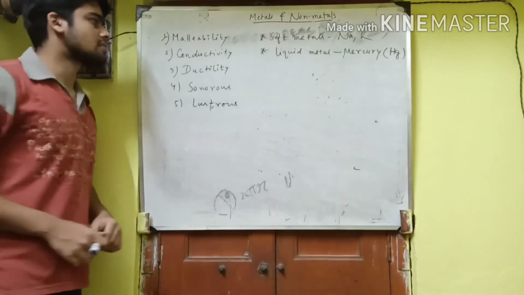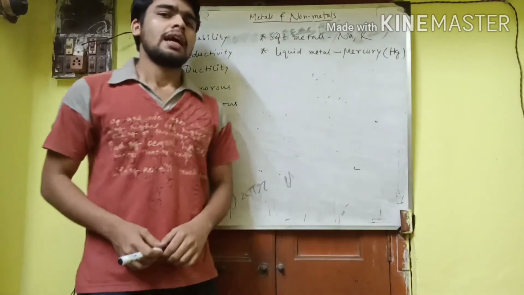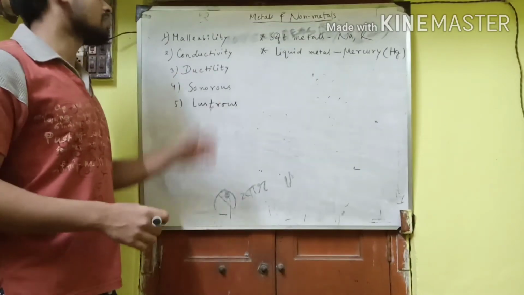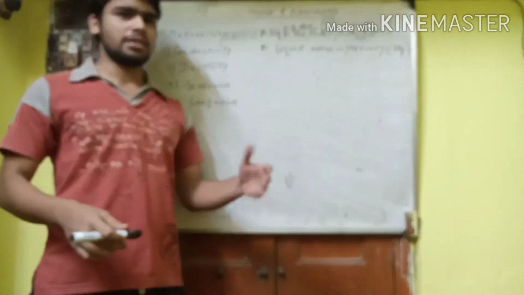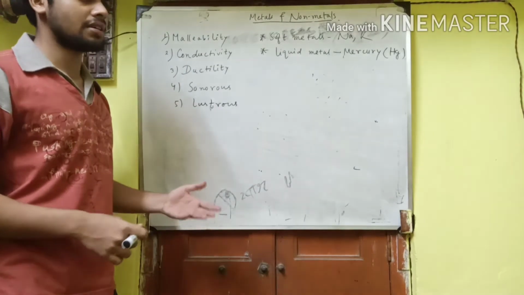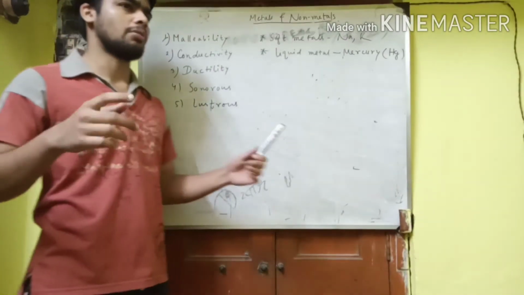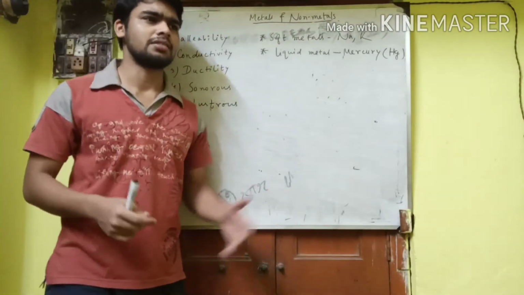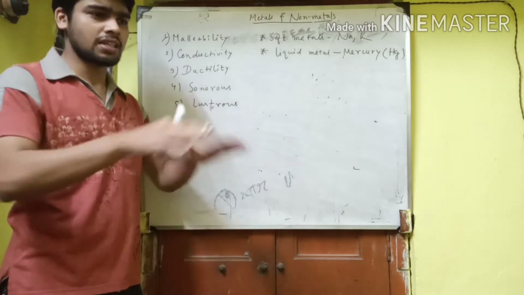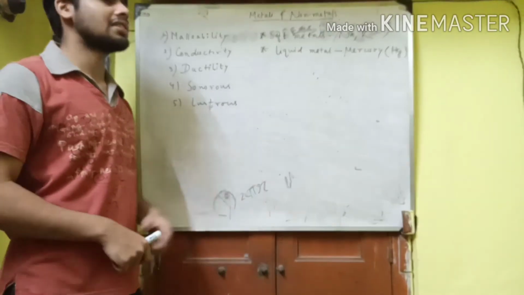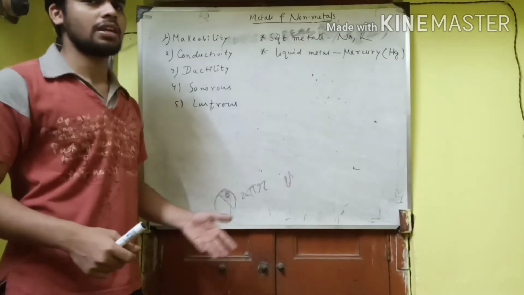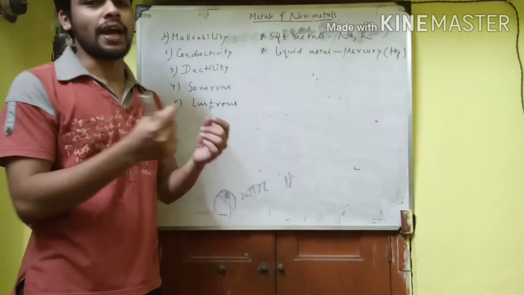The next property is ductility. Ductility is very similar to malleability. Malleability is the physical property of an element to be beaten into a thin sheet. Ductility is the physical property of an element to be made into a wire.